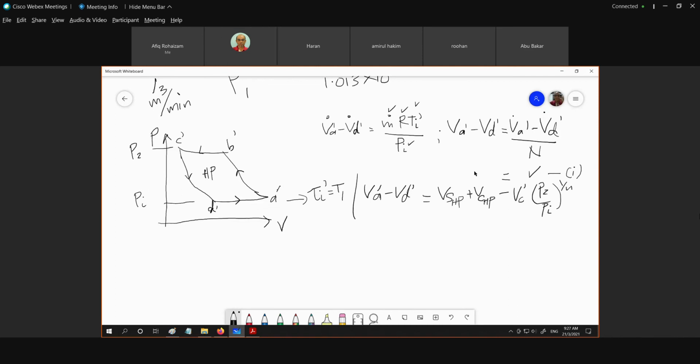So this is VC high pressure. Again, kita convertkan this one as 0.05 VS high pressure. Same goes for this. So sini kita akan dapat the second equation.